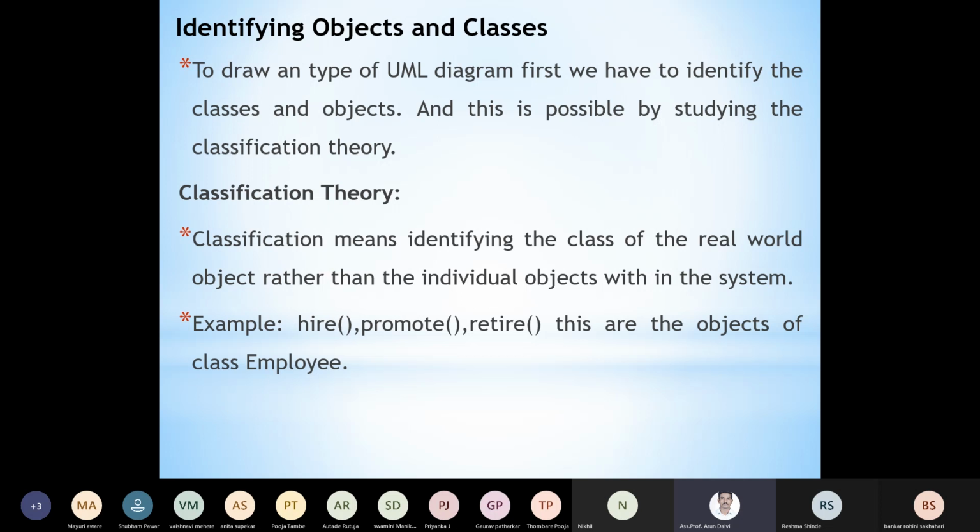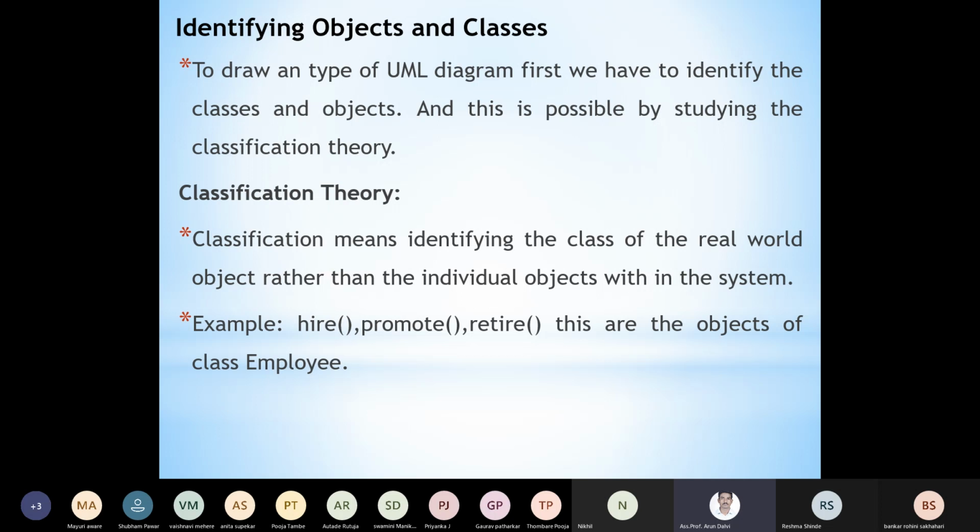There are several types of sub diagrams under UML: object diagram, class diagram, sequence diagram, collaboration diagram. To draw any type of UML diagram, first we have to identify the classes and objects based on the requirements.